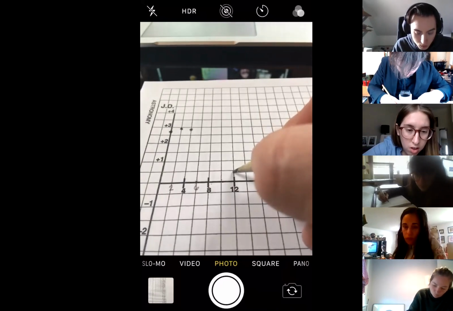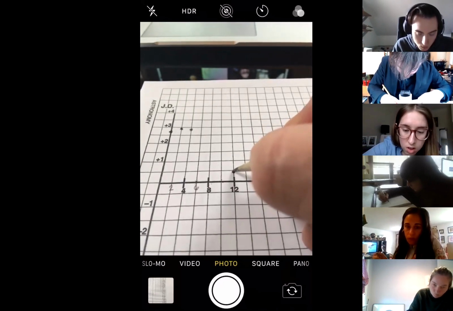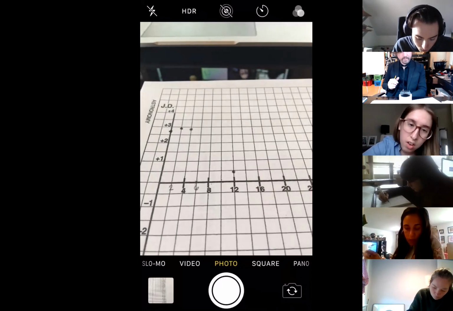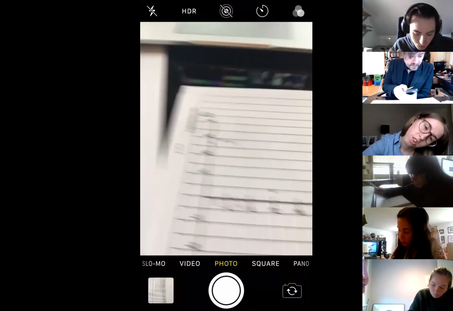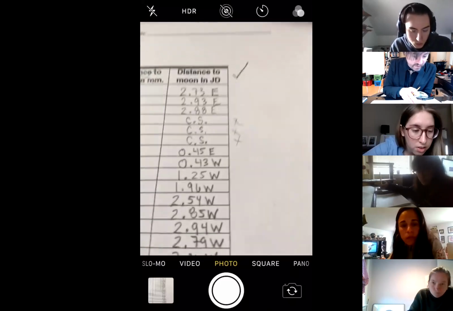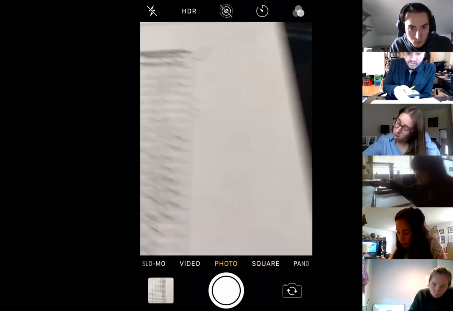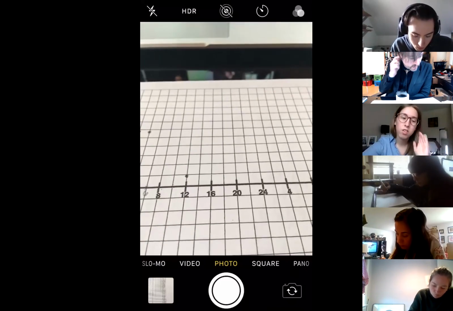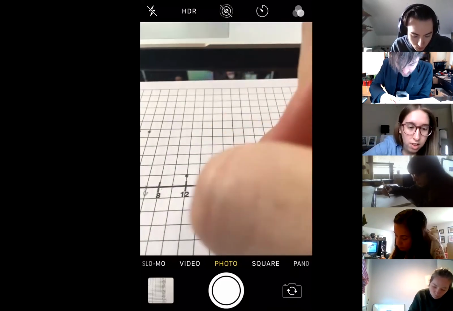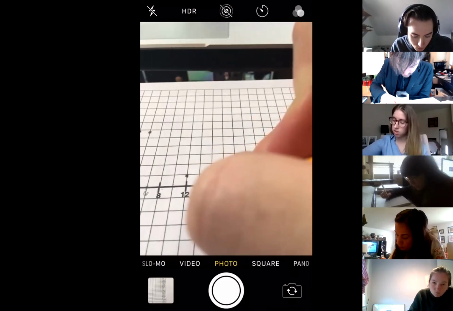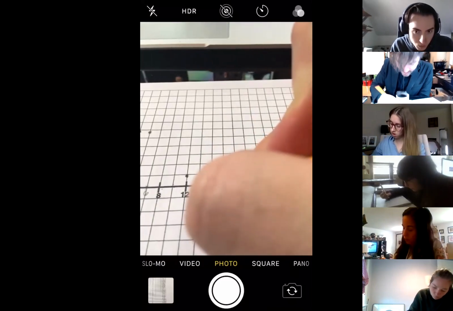So 0.45 should be just under the 0.5, okay? The next measurement is, whoa, sorry, that's 0.45 east. The next measurement is 0.43 west. So for 14 hours, we should be just below negative 0.5, like that, okay?